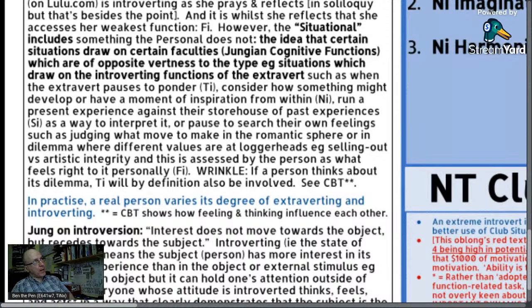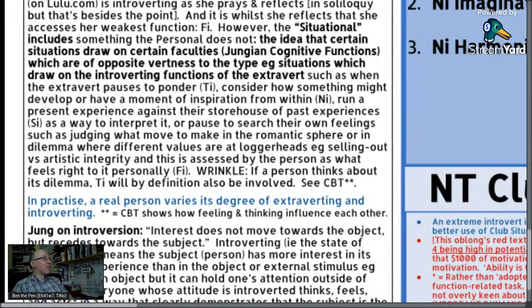But what about when ENTJ goes into Fi when it doesn't want to go into Fi, when it's not a case of being on your territory? Then there's a dilemma that you've been forced into by the situation. It's not a case of going into Fi because the ENTJ is comfortable. The situation can force the ENTJ to go into Fi when it is uncomfortable.